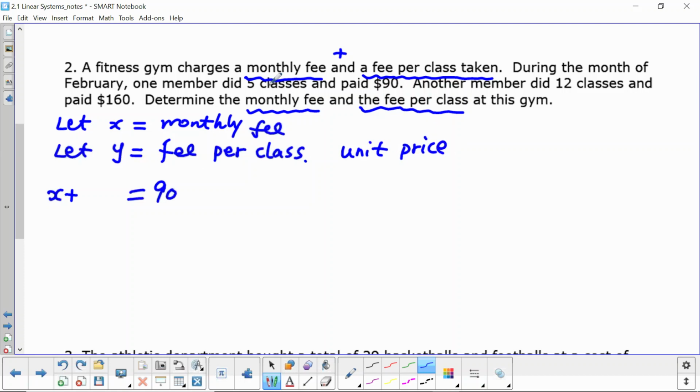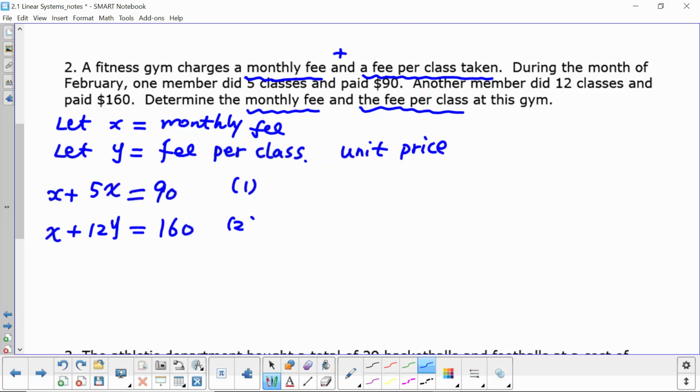So unit price times quantity is 5, so it's 5x. Then you have the first equation, and the second member paid $160. Monthly fee stays the same, and the unit price times quantity is how much another member paid for using the gym, using 12 classes. So 12 times the unit price y. That is how much was paid for the classes taken.